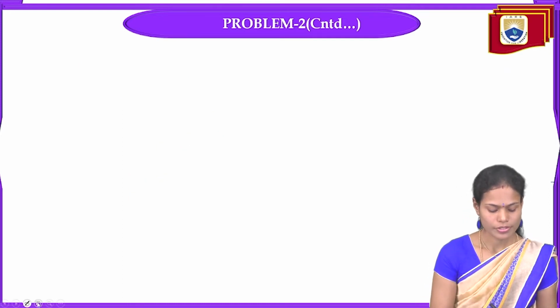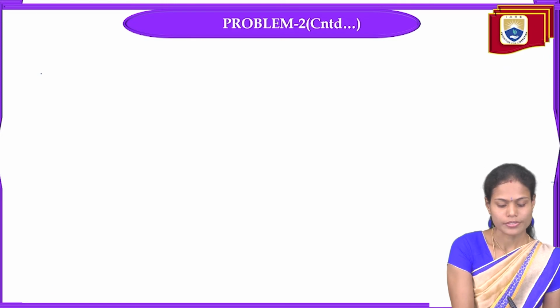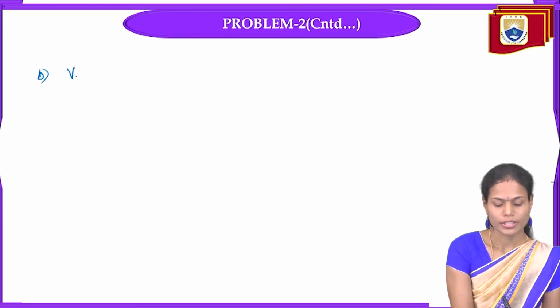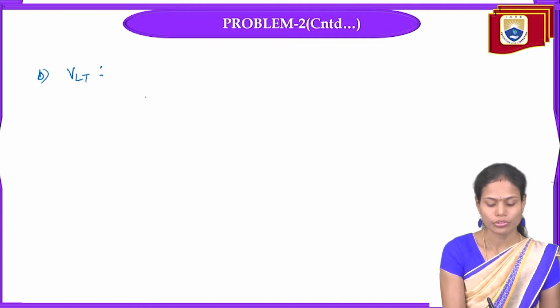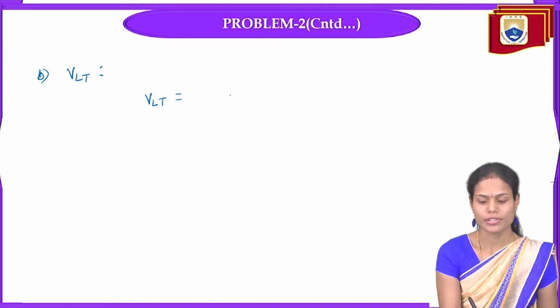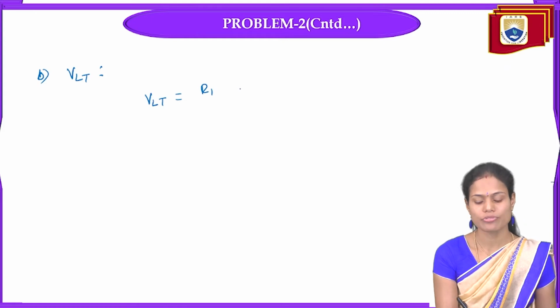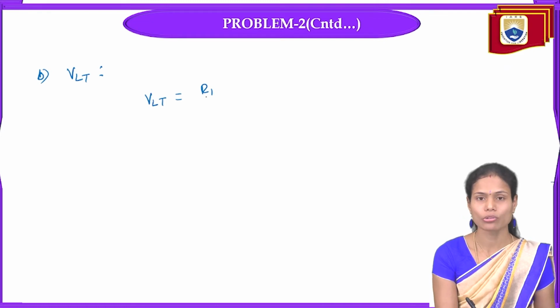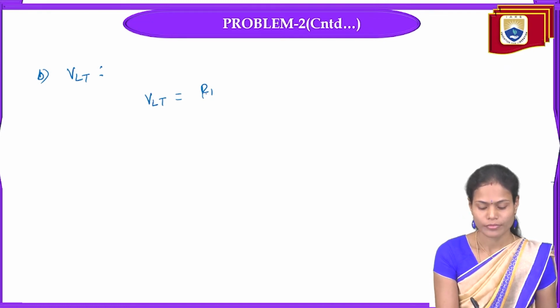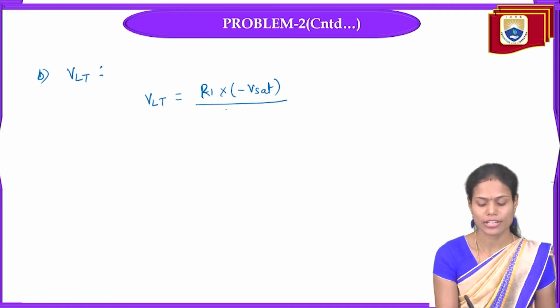And to find the second parameter, that is VLT, the lower threshold voltage, we know the formula. The lower threshold voltage is equal to R1 into the negative saturation level. Why? Because it is a lower threshold value below the reference axis. So it is R1 into minus V saturation divided by the total resistance.